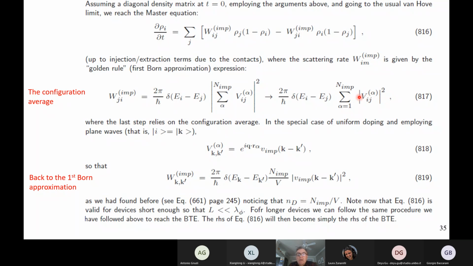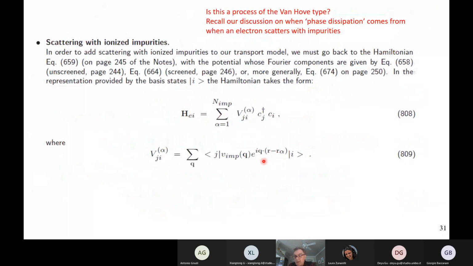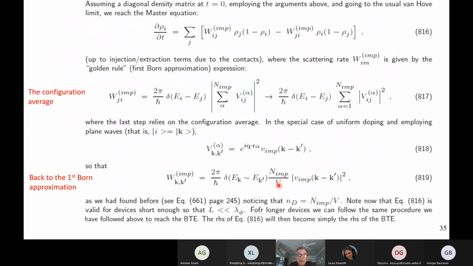All the cross terms that we might have from this sum are cancelled out because of the random configuration of the impurities, which gives a random cancellation of these phases if I go from one to the next. Okay, and so we recover the usual first Born approximation. If you want to call it Fermi's golden rule, call it Fermi's golden rule, but it's really the first Born approximation.